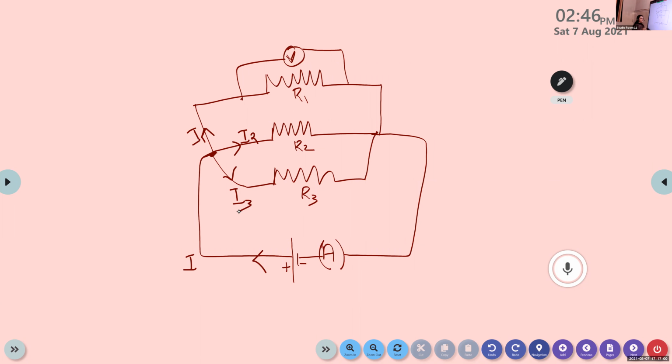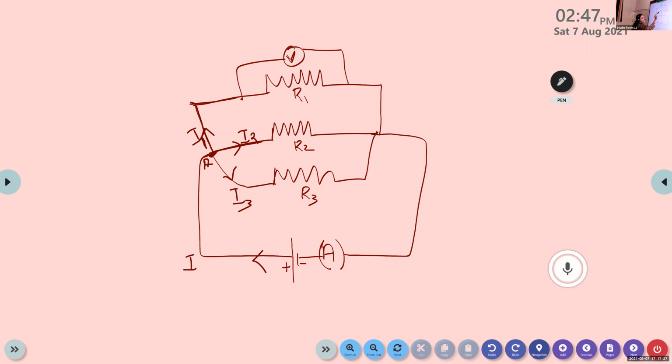If water is flowing and reaches a point where there are so many ways, it starts to flow through these three different ways. Similarly, when the current reaches this point, which we can call point A, it has three ways to flow. Some amount of current flows through this path; we call it I1 because it flows through the resistor R1.